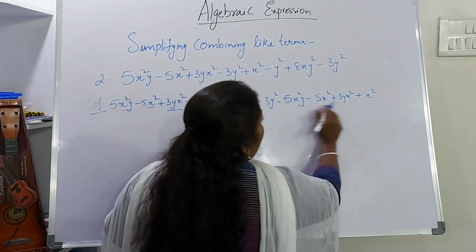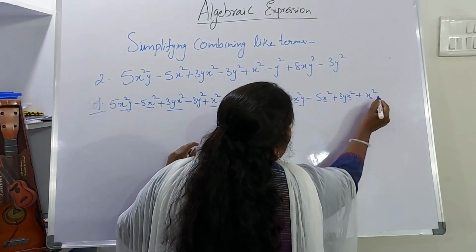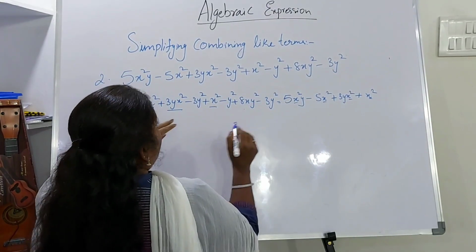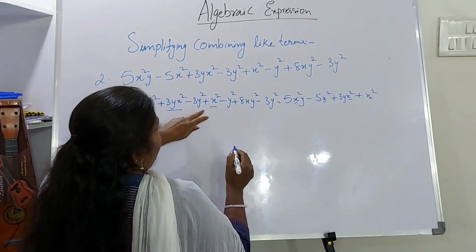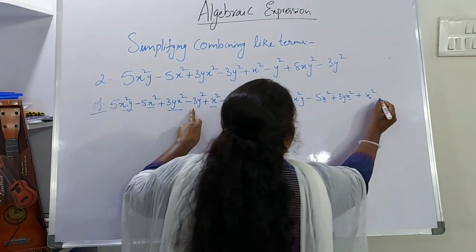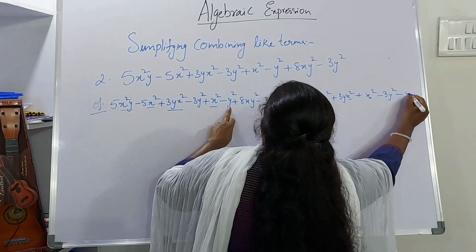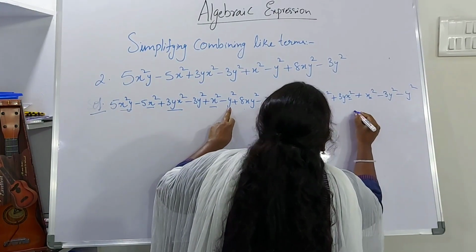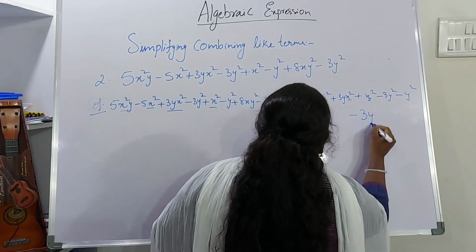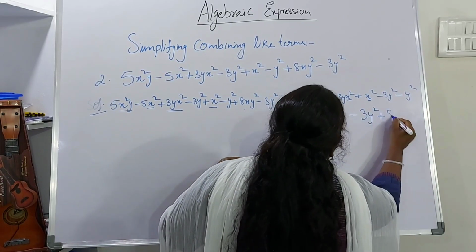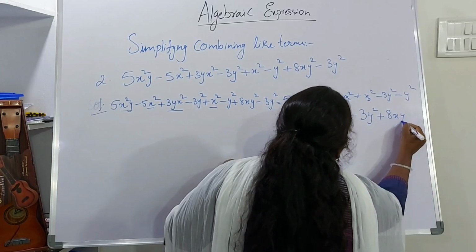So all of these have x square common, so I have written them together in one place. Next write down the remaining. It is minus 3y square minus y square minus 3y square, and you have 8xy square.